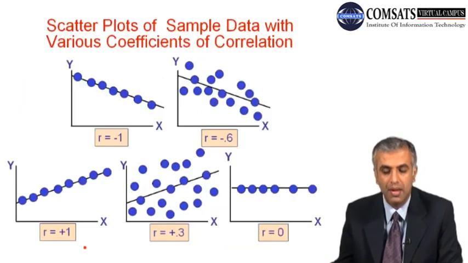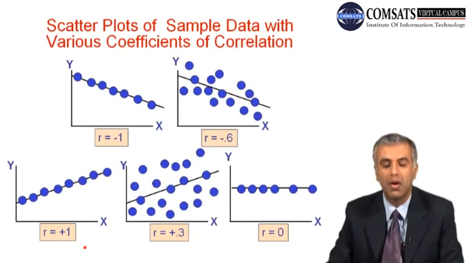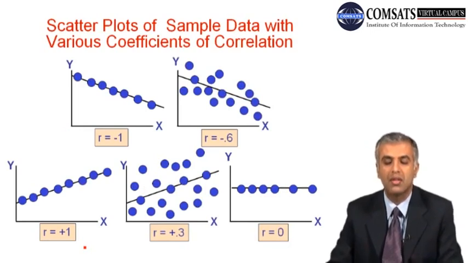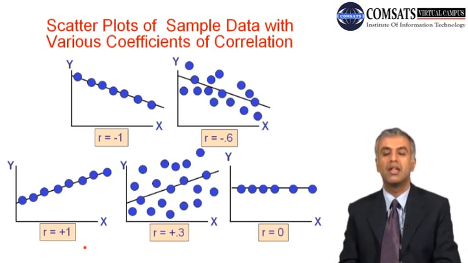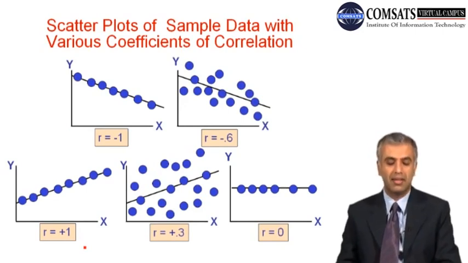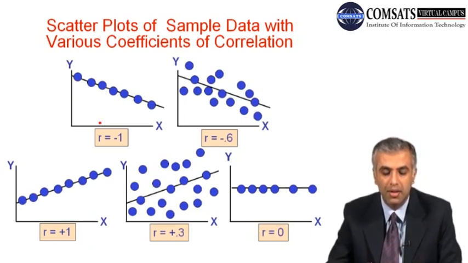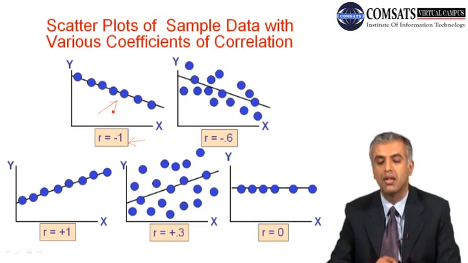So then this is the scatter plot of various sample data with various coefficients of correlation. In this case, if let's say the correlation R is -1, then our scatter plot should look like this.